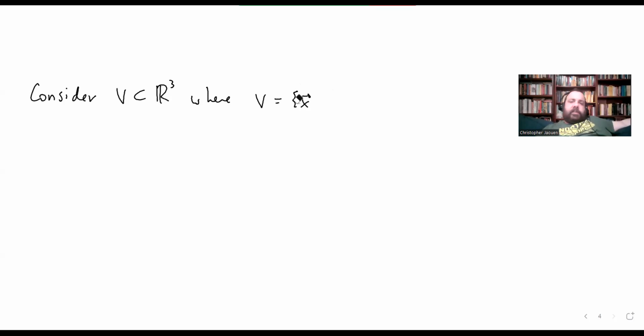Let's just use the axes. V is the x-axis, let's say. All right. Then V perp is the YZ plane.